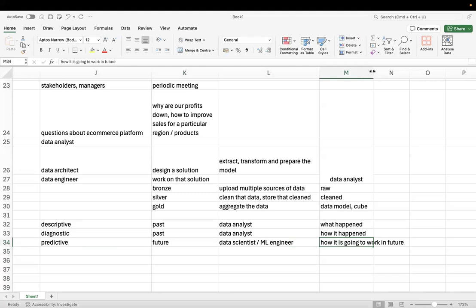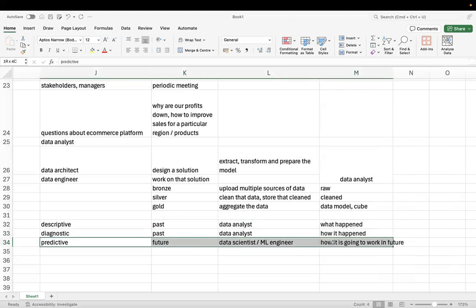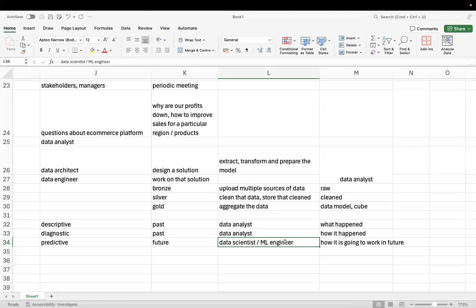They are going to answer questions about the future by looking at past data. They are going to build predictive models, machine learning models, trained on the past data, and then predict some scenarios in the future. So let's say, how is our profit going to look in the next 6 months.